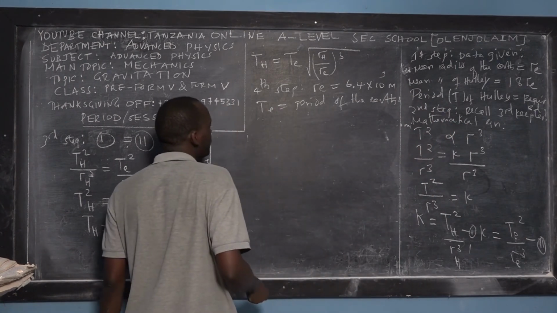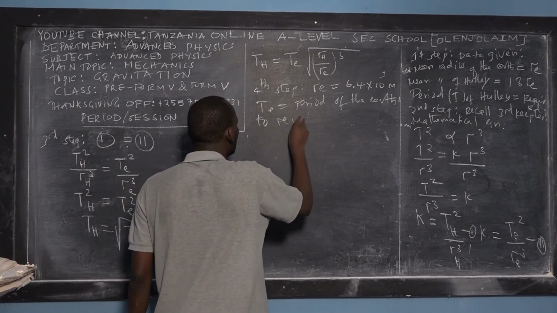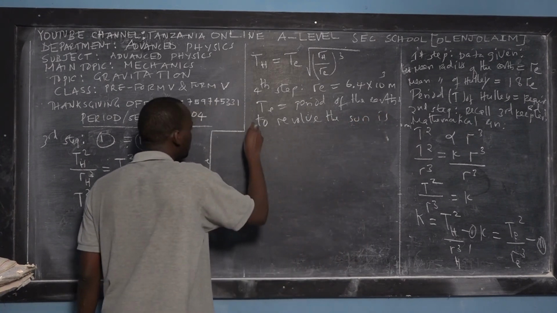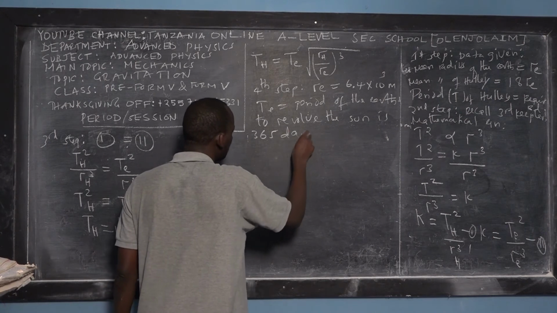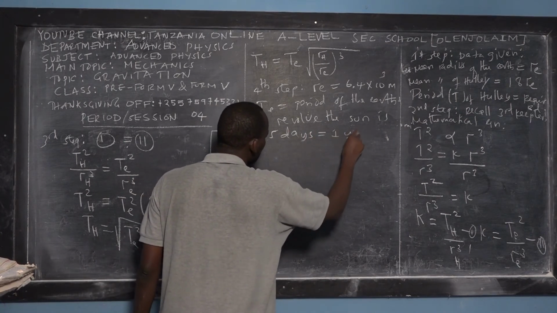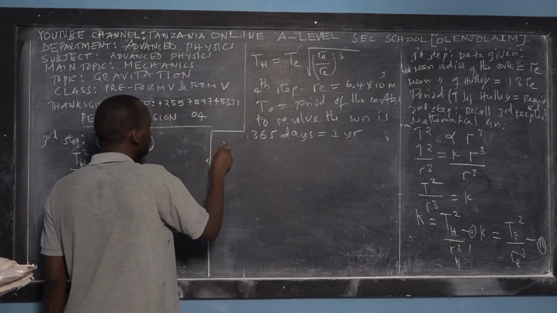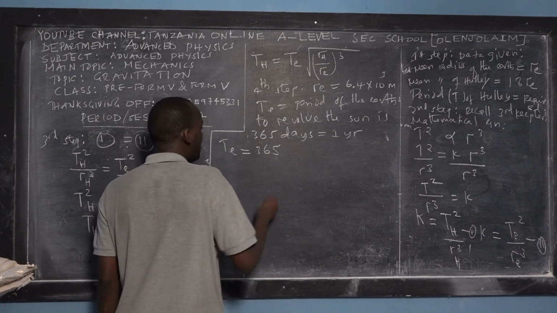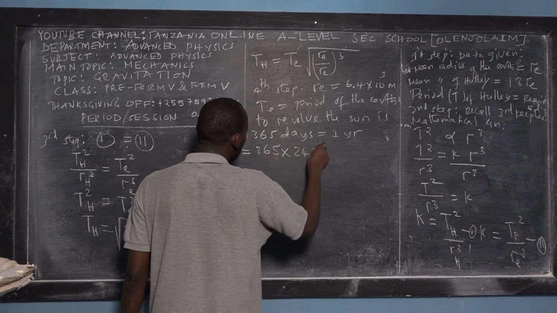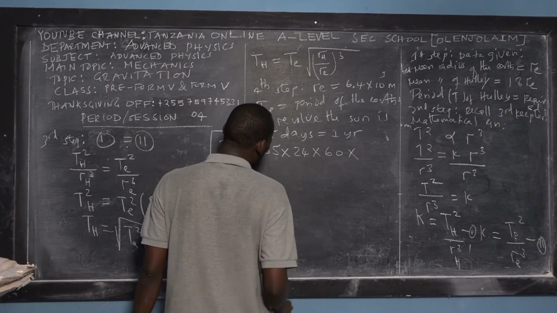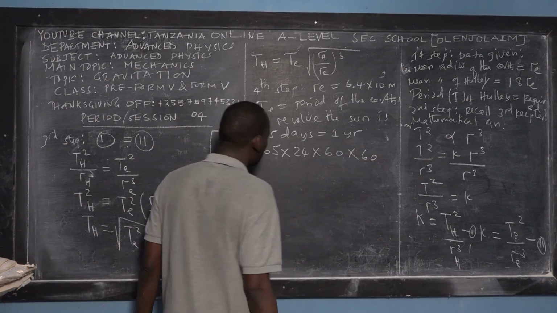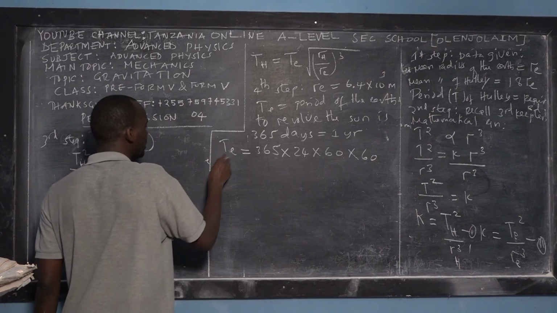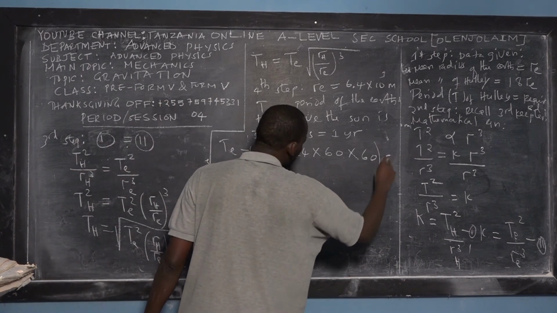The period of the Earth to revolve around the sun is 365 days, or 1 year, or 12 months. So the period of the Earth is 365 multiplied by 24 hours, then 60 to convert into minutes, and 60 into seconds. Right? You can express everything in seconds.